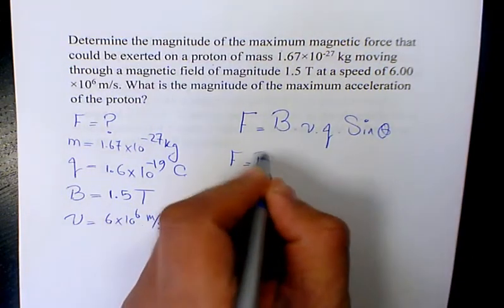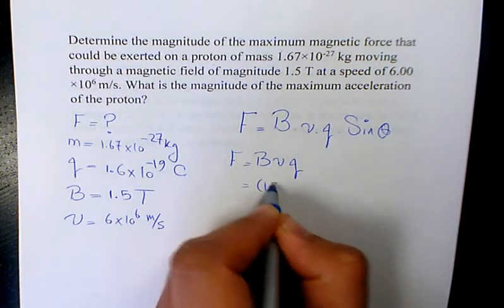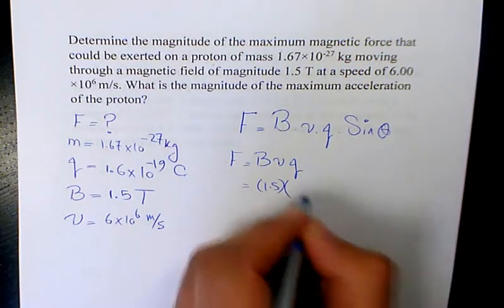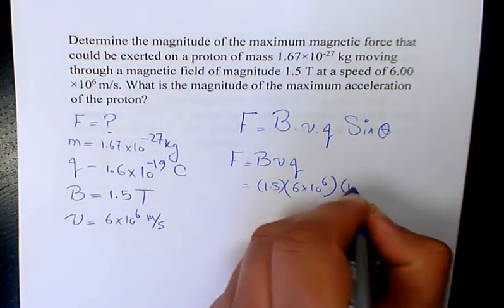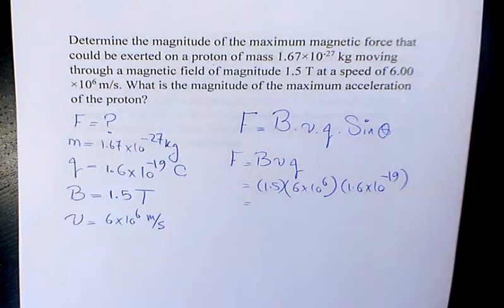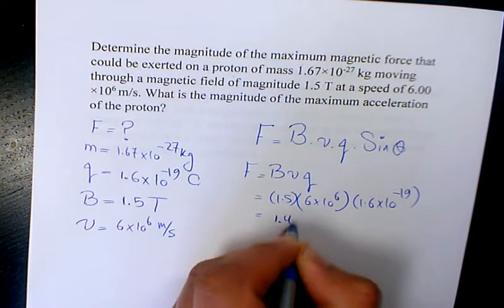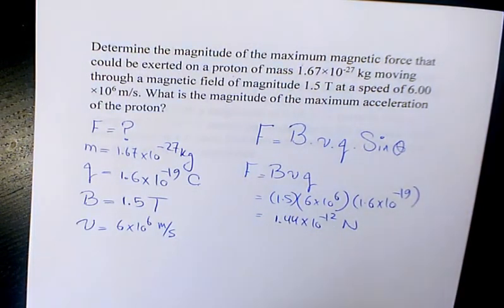So F equals B V Q. B is 1.5, V is 6 times 10 to the power of 6, Q is 1.6 times 10 to the power of negative 19. That's going to be 1.44 times 10 to the power of negative 12 Newton.